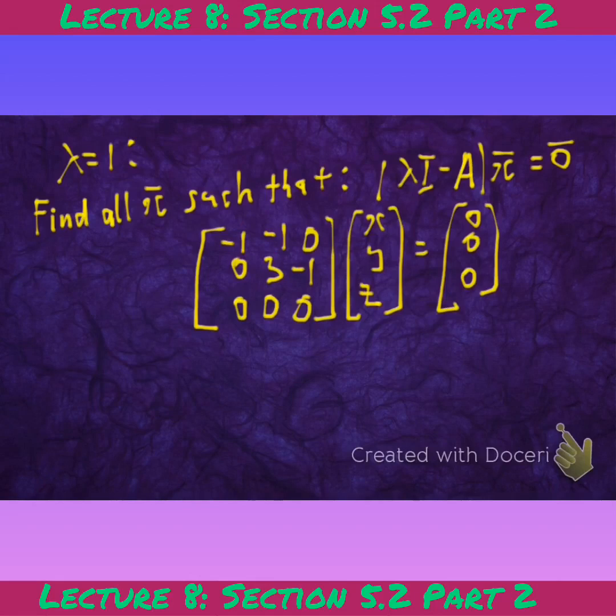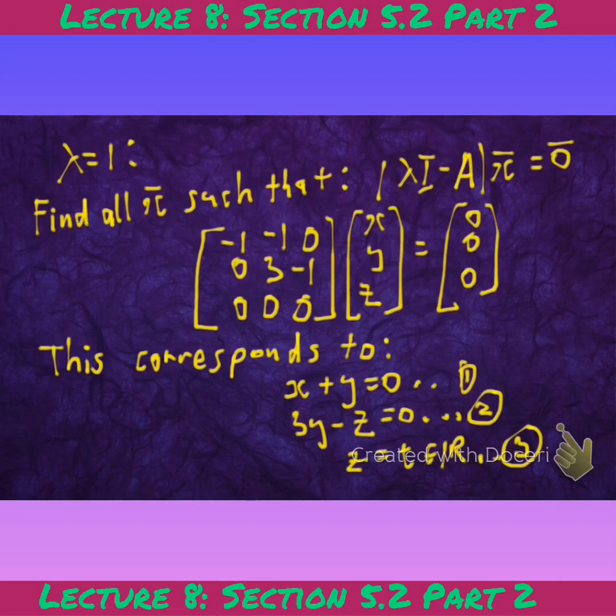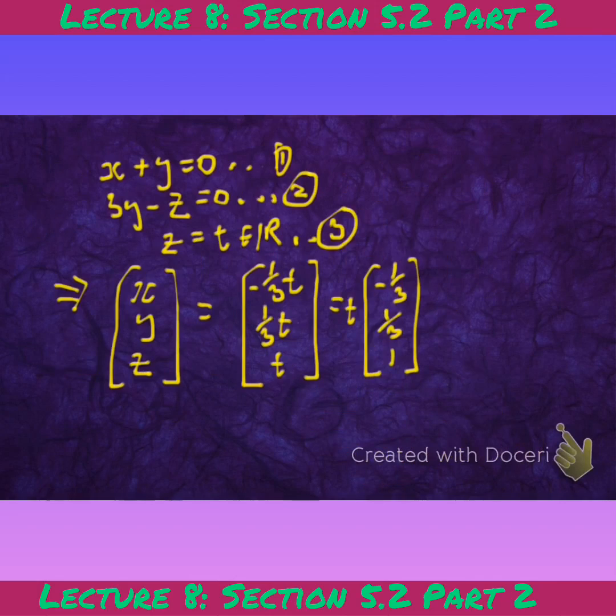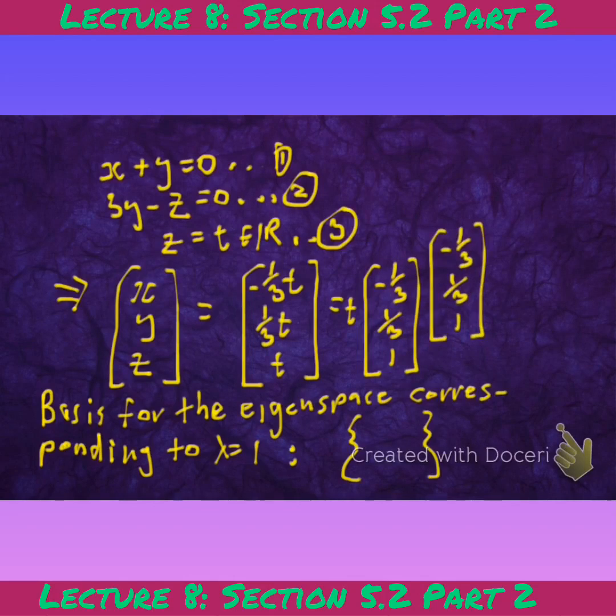That corresponds to this linear system. So the vector x, y, z can be solved as that. And so the basis for the eigenspace corresponding to lambda equals 1 becomes this vector.